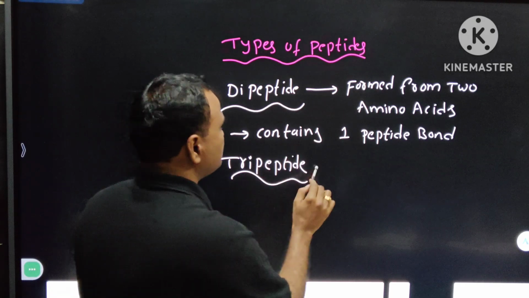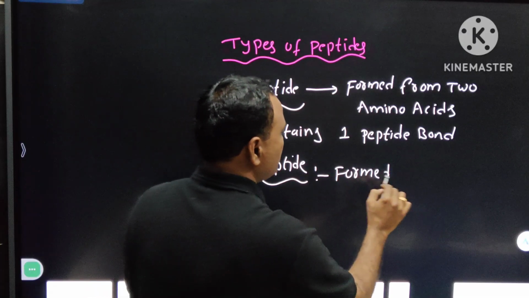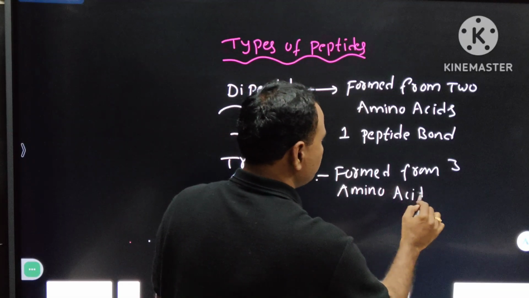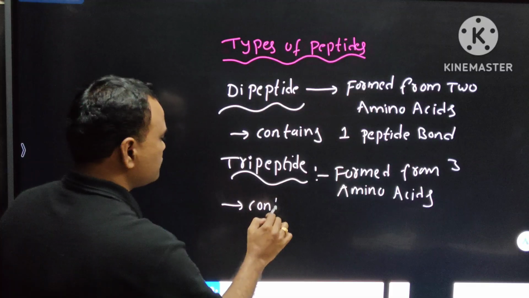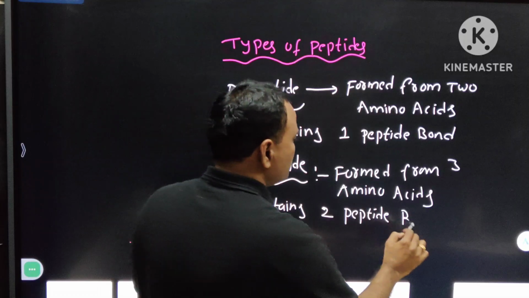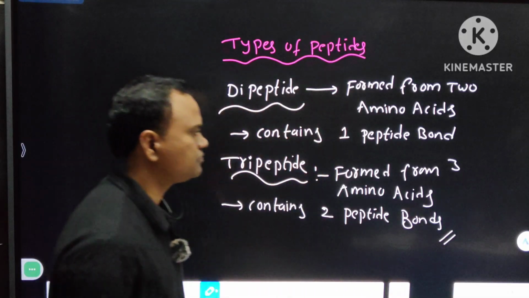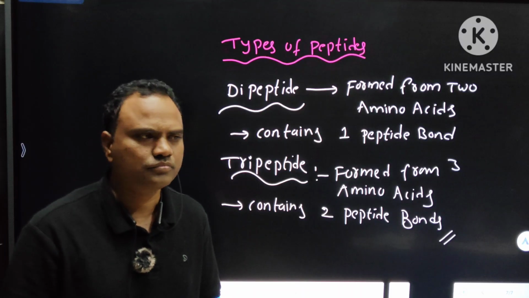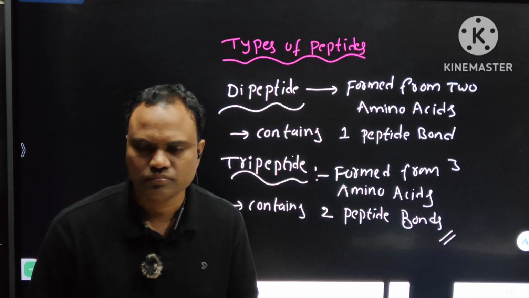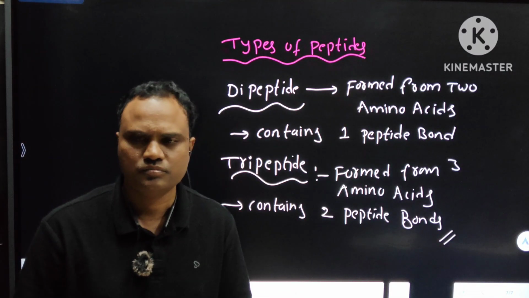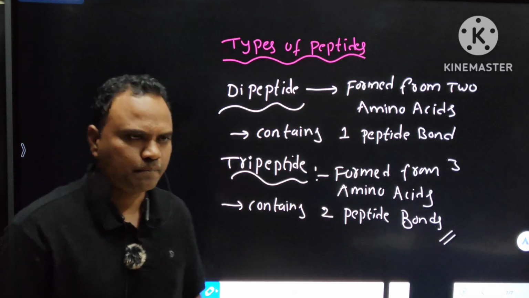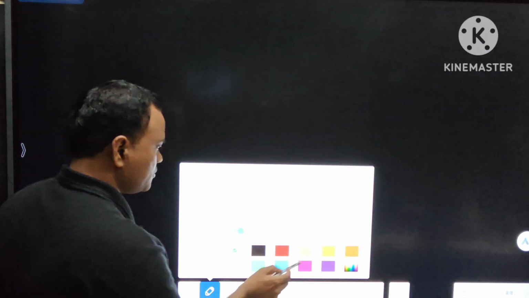Tripeptide is formed from 3 amino acids and contains 2 peptide bonds. Okay, right.